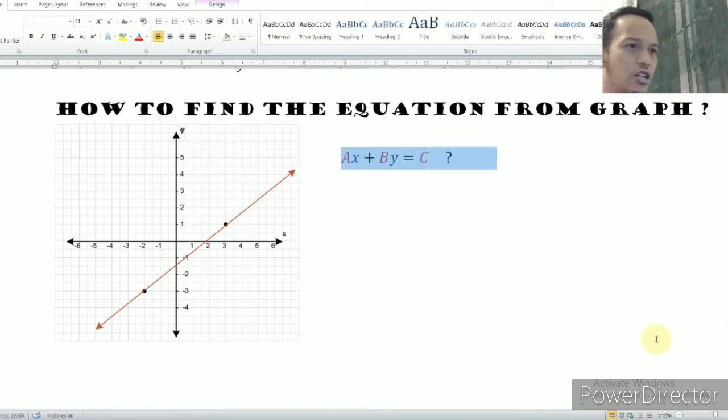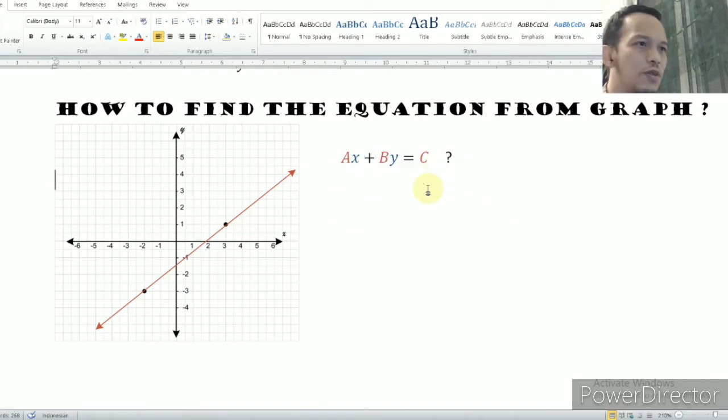It is hard. This form is not really helpful, because you cannot get the information from the graph and translate it into this kind of form. Therefore, we will avoid this, and let's pick other specific forms.